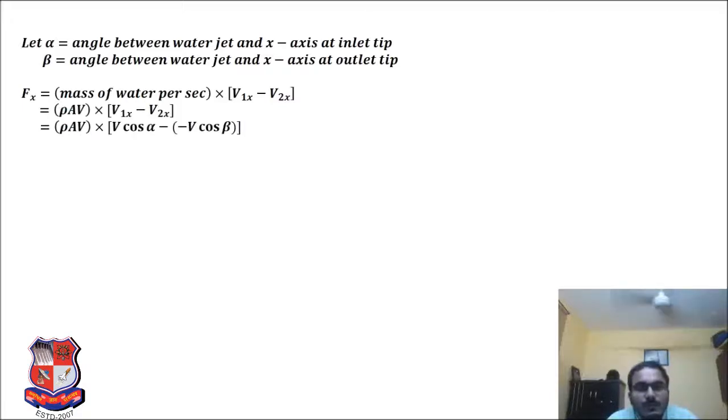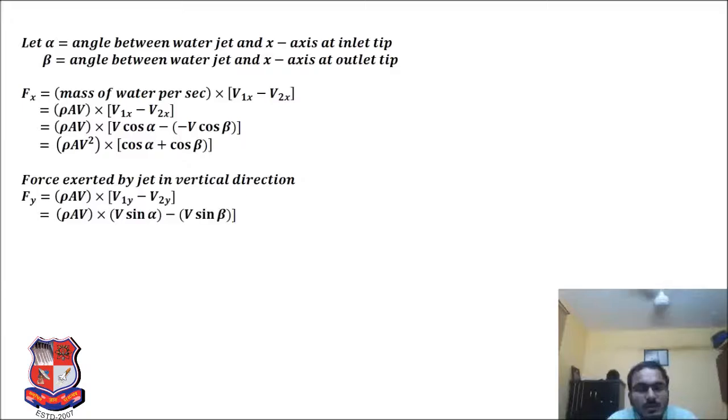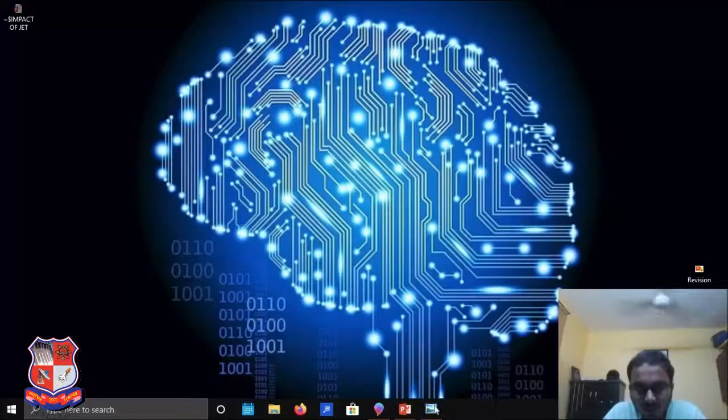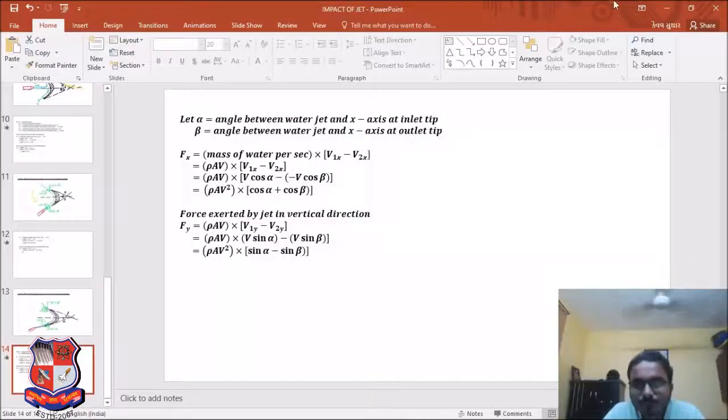We have seen this in the figure, and finally this portion. Okay, so you can calculate Fx and Fy in a similar way as per our previous theory. And one more thing which is left here is the angle of deflection in this case.